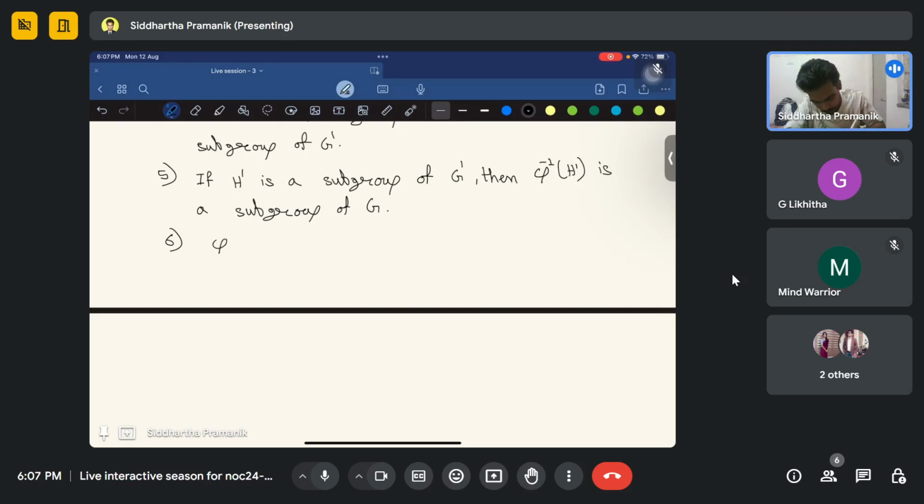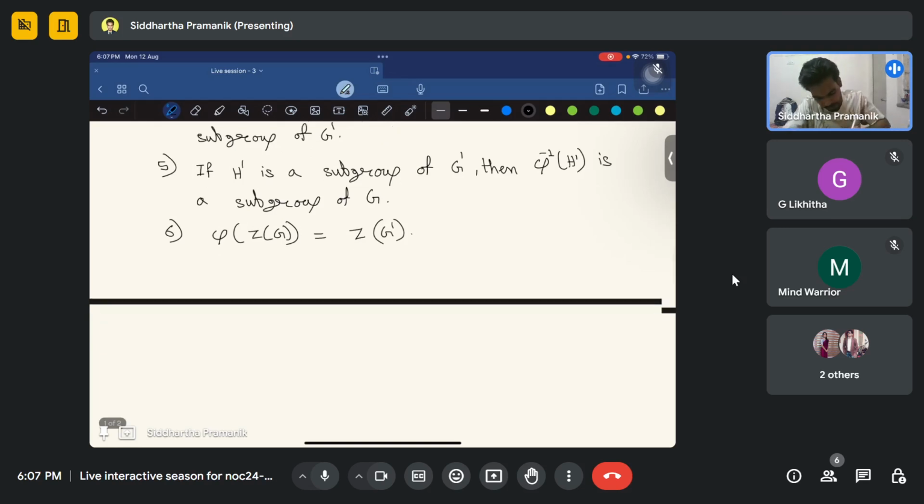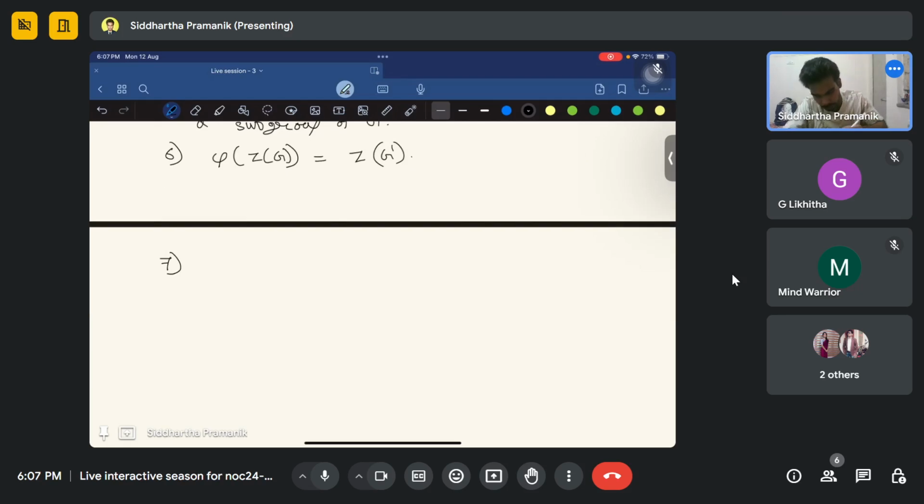If we take the image of the center of G, it is exactly the same as the center of the group G prime. And finally, the seventh one is: if you take an element a in G, then the order of the element a is the same as the order of the image of this element.